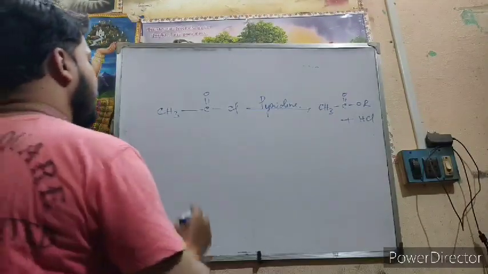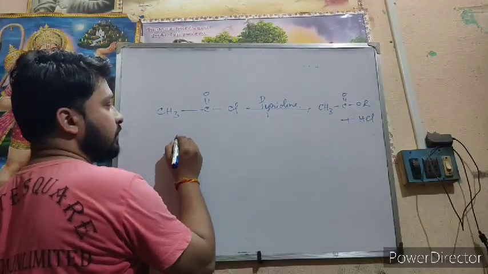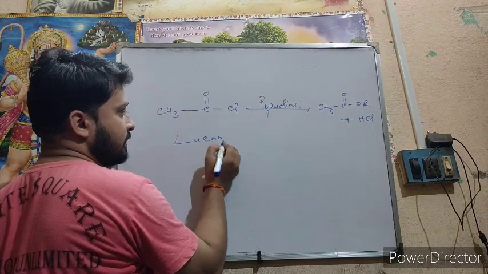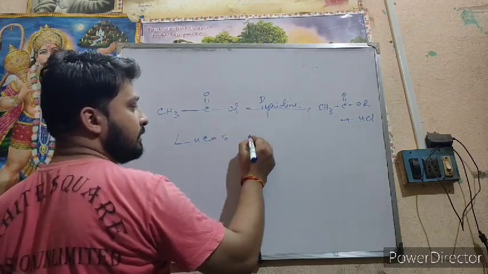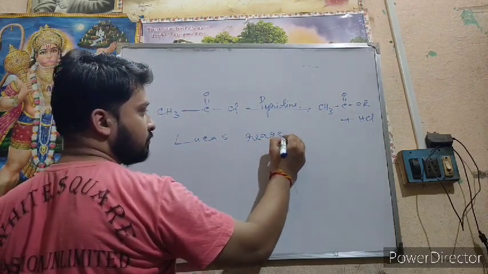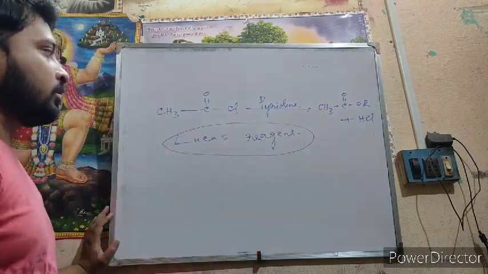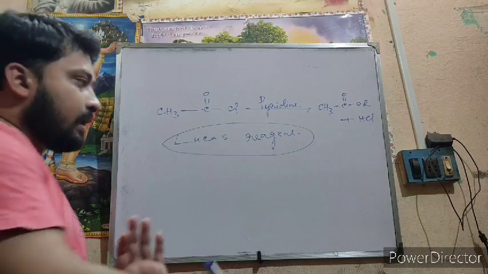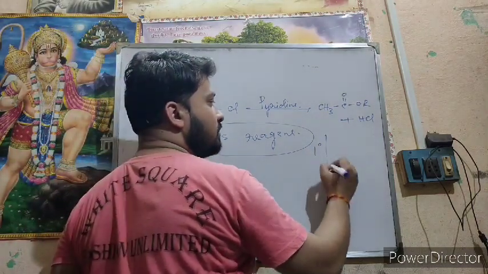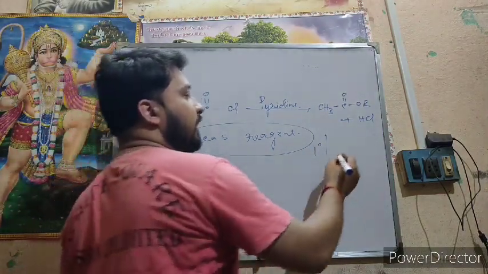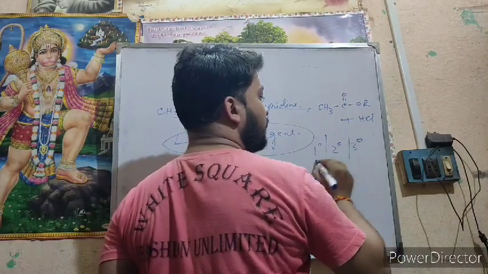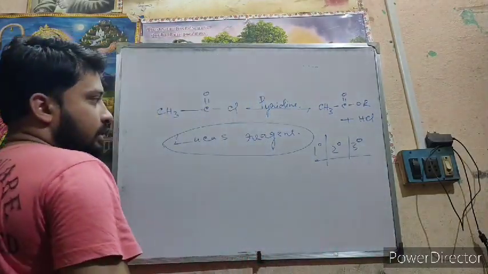Then you are going to use Lucas reagent. What is Lucas reagent? Lucas reagent helps to identify 1 degree, 2 degree or 3 degree alcohol.